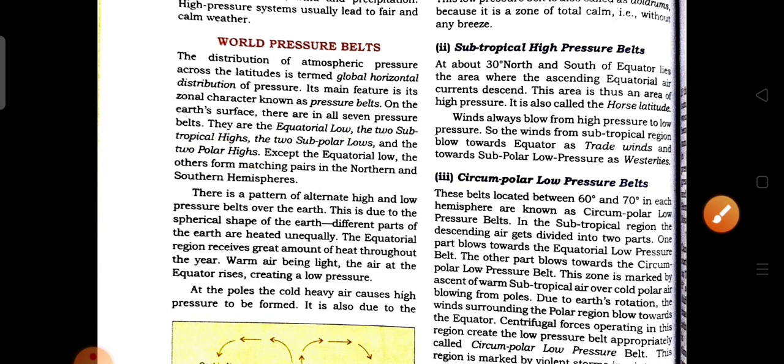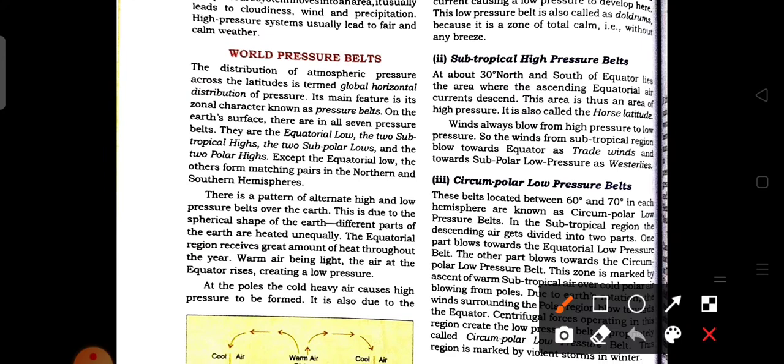Except the equatorial low, the other belts form matching pairs in the northern and southern hemispheres. The subtropical highs are the northern subtropical high and the southern subtropical high. The subpolar lows are the northern and southern subpolar lows, and the 2 polar highs are the northern and southern polar highs.